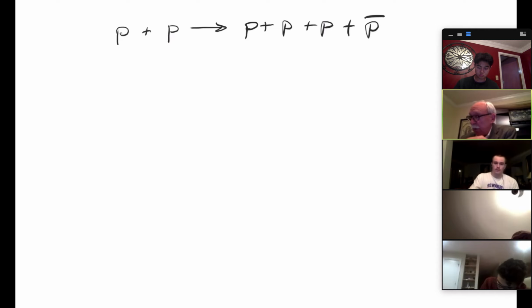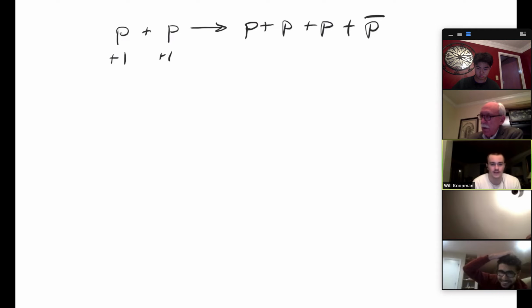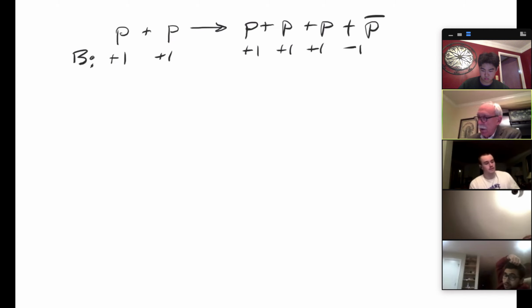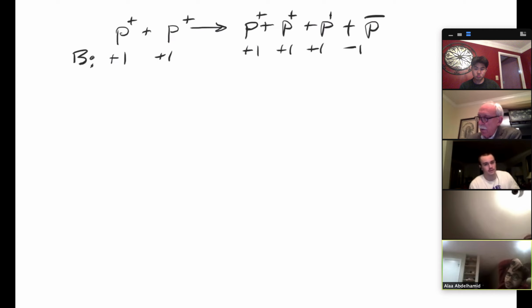This is an easy one. No. Oh, wait, yes. Okay. Lepton numbers, they don't have any lepton numbers. They don't have strangeness. How about charge conservation? Plus. Conserved. Yeah, that works.